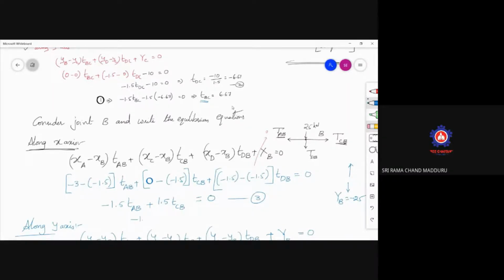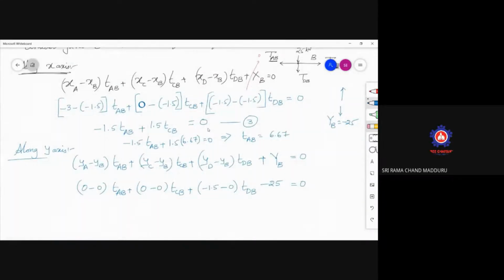So you can substitute here 1.5 into TAB plus 1.5 into 6.67 equal to 0. That implies TAB is 6.67. The tension coefficient of AB is 6.67.